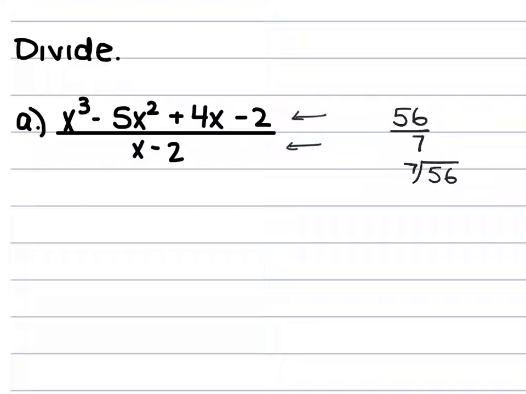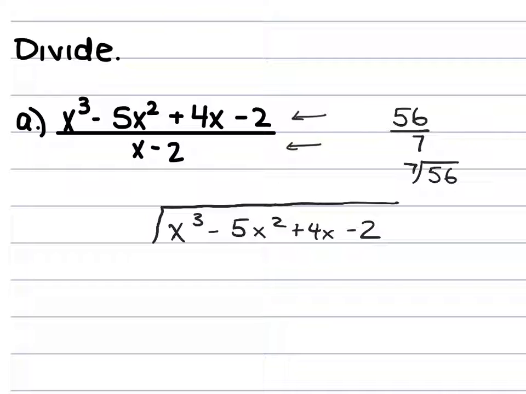Okay? That's how I would write it. So I'm going to do the same thing here. So I get x to the third power minus 5x squared plus 4x minus 2. Okay? And I'm about to do some division. And what is going to go on the outside of this? X minus 2.